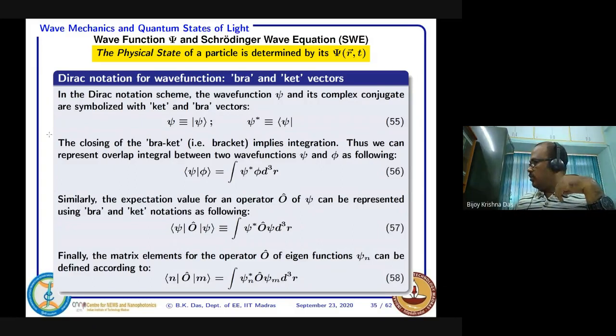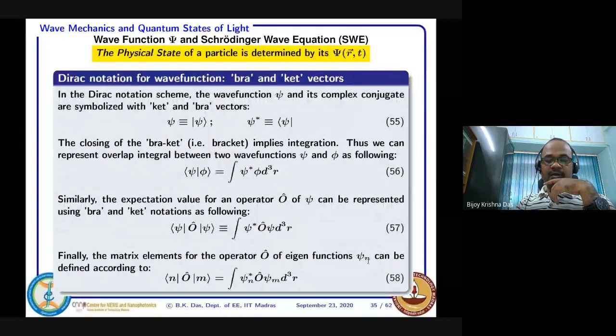So, you know that we have already discussed that we can find the matrix elements for a given operator of eigenfunction psi n, where n stands for eigenstate psi n, and m stands for eigenstate psi m.